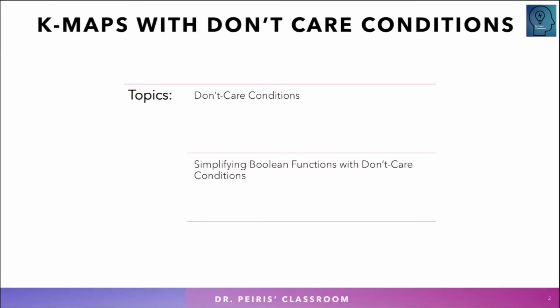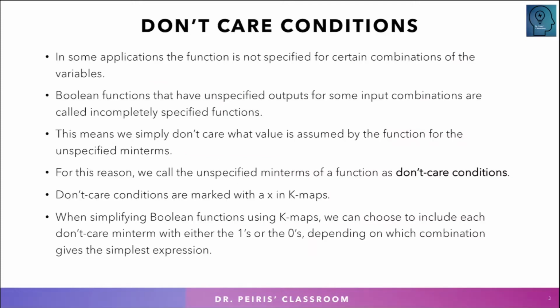So here we are going to learn about don't care conditions and how to simplify Boolean functions when there are don't care conditions. Now let's see what the don't care conditions are. In some applications, the function is not specified for certain combinations of variables. If the function is not specified for some combinations, we call these incompletely specified functions.